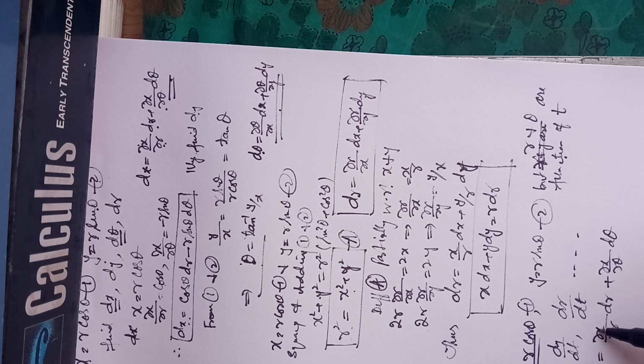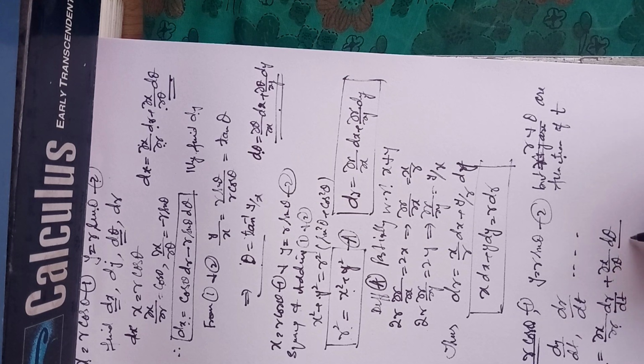But if r is a function of t and theta is a function of t, then x is a function of t. So when x is a function of t, I can always find dx by dt. This will be dr by dt over here, d theta by dt over here.